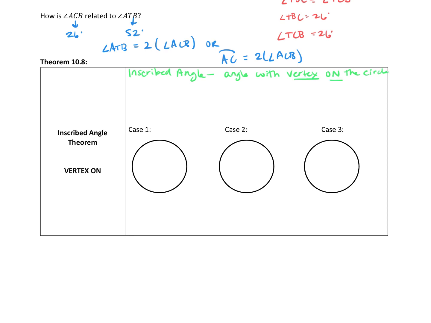The vertex is on the circle, and its sides, the sides that are forming the angle, are chords of the circle.